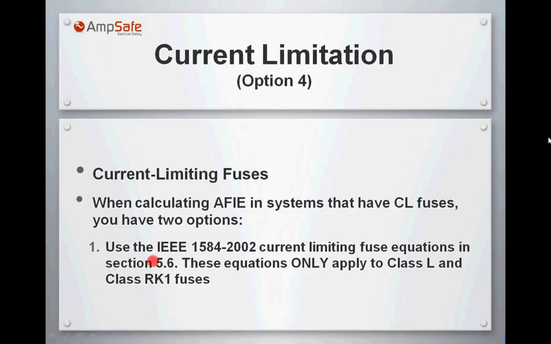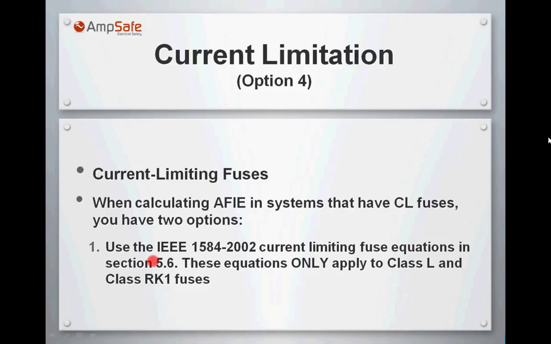First is considering the IEEE equation, the current limiting fuse specialized equations that are in section 5.6 of the IEEE 1584. Now, these are specialized equations that only apply to class L and RK1 fuses, not anything else, okay?